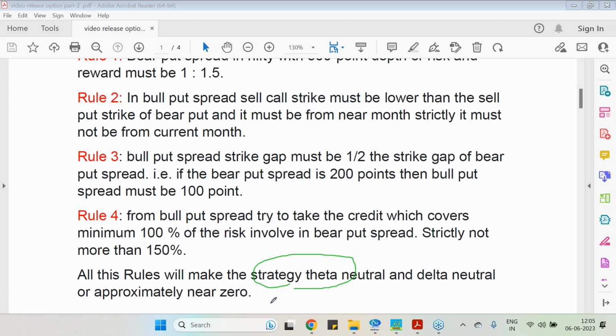Now the index is at a 150 to 200 point premium as of 6th June 2023, and in future it may go to a similar quantity of discount also. If it is a 30-50 point premium or discount, we may not be bothered. If it is beyond 60 or 100 points, we need to take care of that. So yesterday we found that rule. The same rule will not be implemented today.